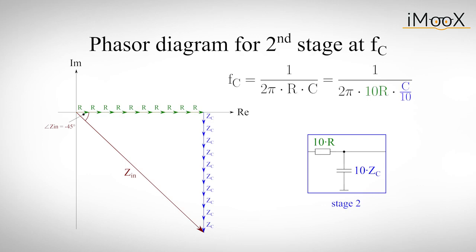Since the frequency is fixed, we can only change the value of the capacitor. Consequently, for a 10 times higher value of R, we need 1/10 of the value of C to ensure that the corner frequency stays the same.